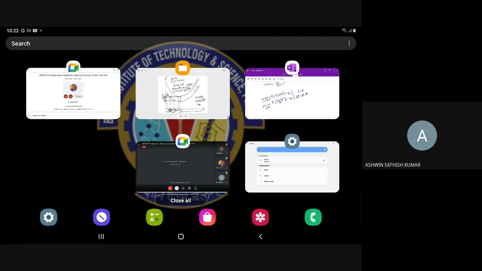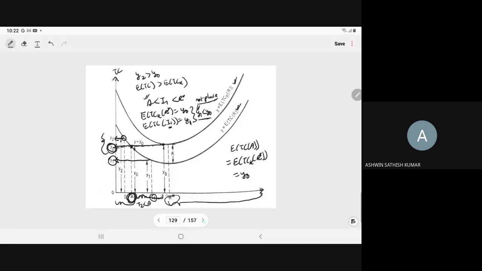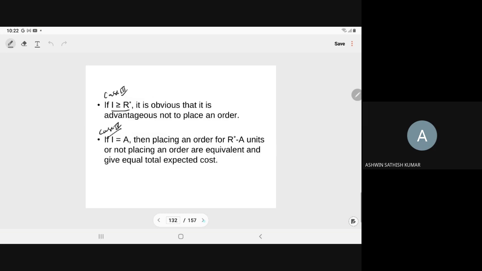So if I is equal to A, then placing an order of R star minus A, that is Q star units, or not placing an order are equivalent. Both give Y naught equal to Y naught, and give equal total cost.